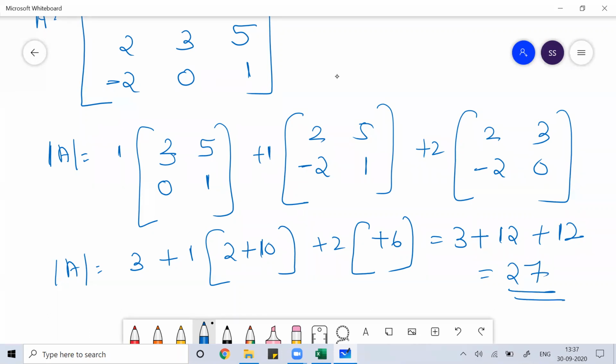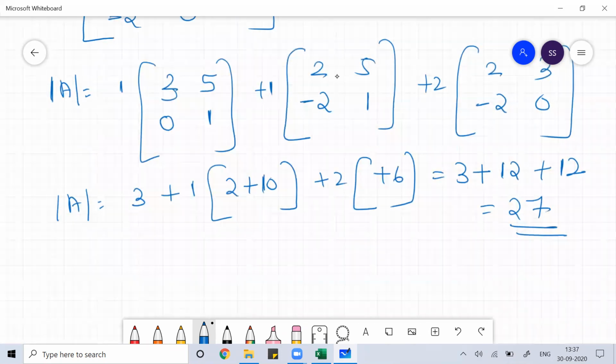The determinant of A you got as 27. The adjoint of the matrix you already got, so I'll divide the adjoint of A by the determinant of A, and that will give me the inverse of A.